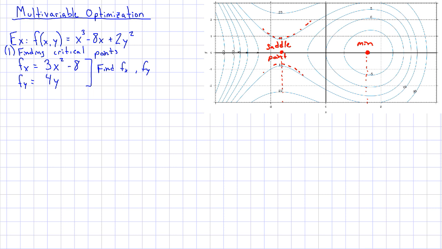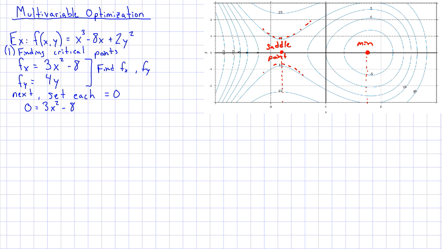The next thing we're going to do is set each equal to 0. So I have 0 equals 3x squared minus 8.